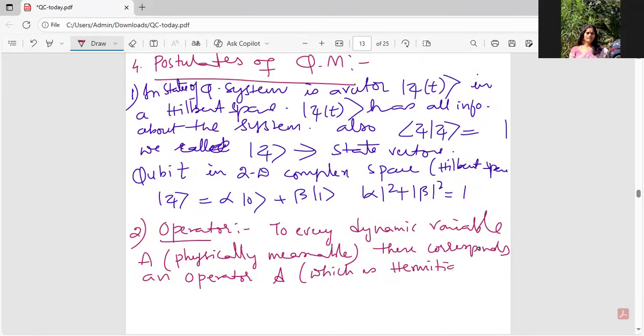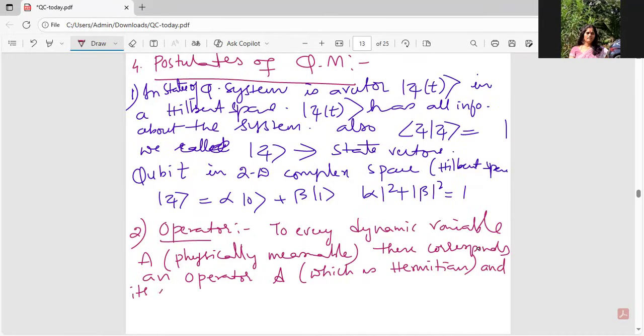Once it is Hermitian, I can go for its spectral decomposition, which means finding the eigenvalues and rewriting A in terms of its eigenvectors. How these eigenvectors are is also described here.